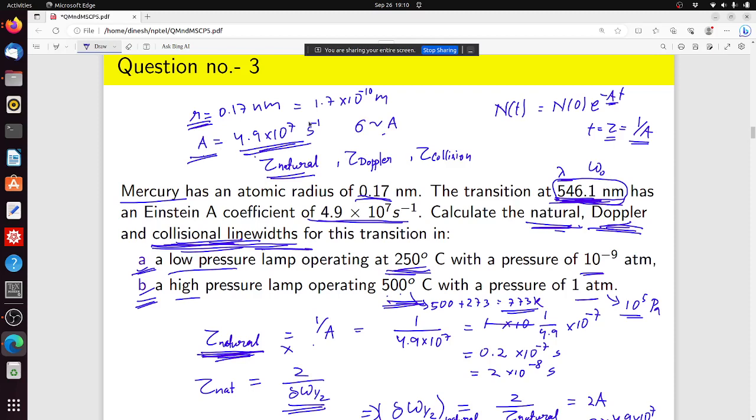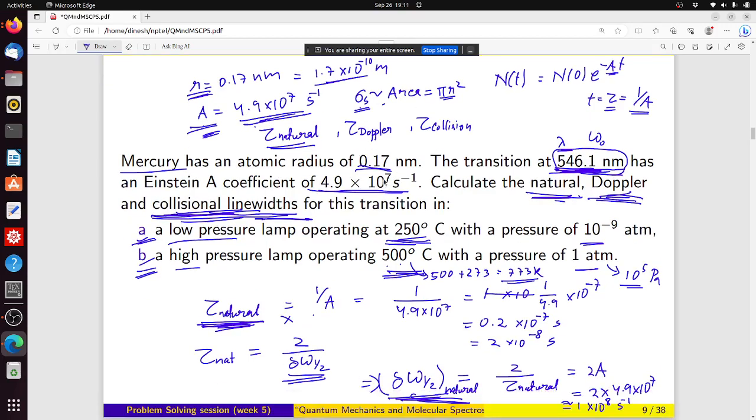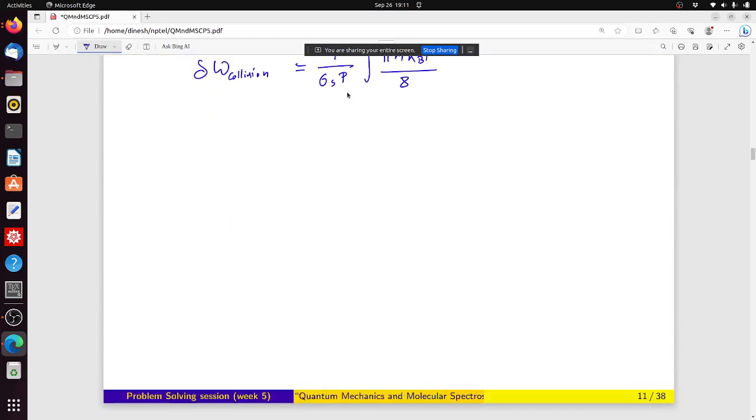Sorry, this is not area, this is Einstein coefficient A. So the approximation we are taking, this cross section is nearly equal to the area of this particle, which is nothing but pi r square. If you calculate, you will get this sigma s. And what is P? This is pressure.